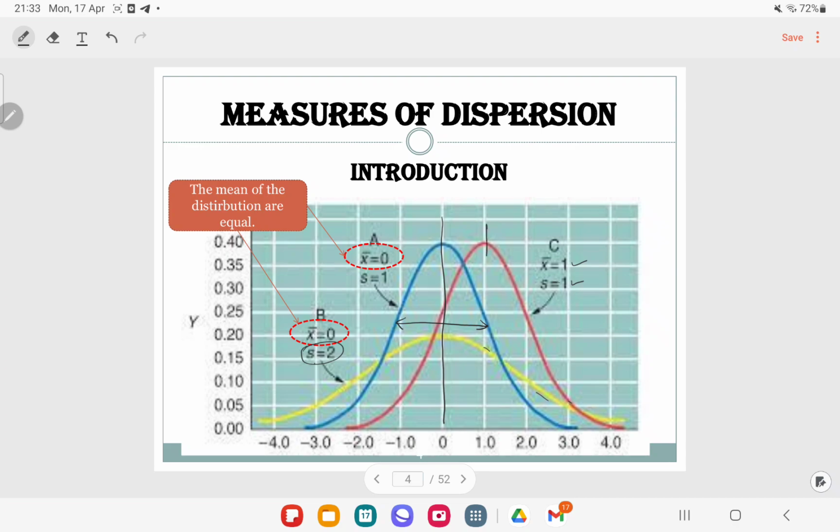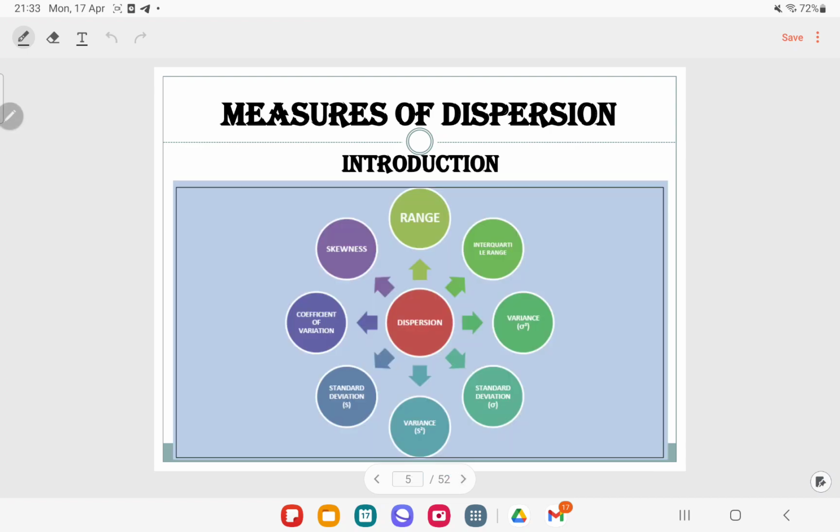The same goes for the red distribution, where the spread of the data is also not wide compared to the yellow one. So the spread is quite greater compared to distribution A and also distribution C. That is the meaning of dispersion.